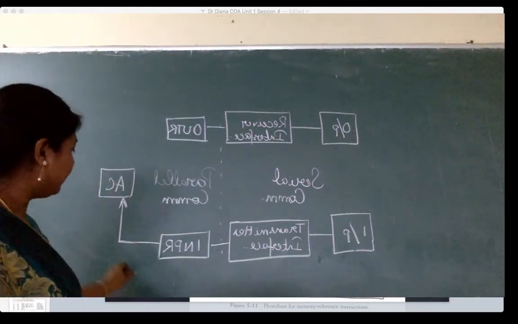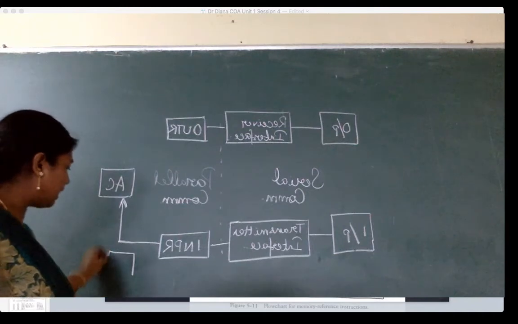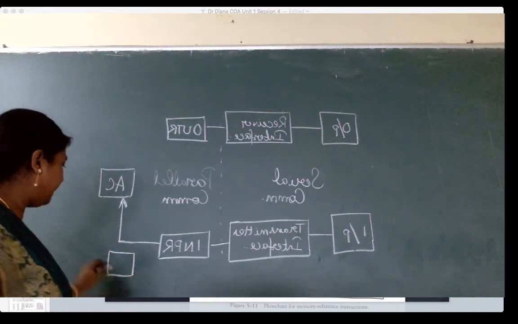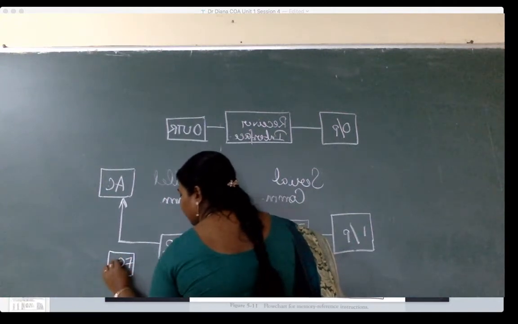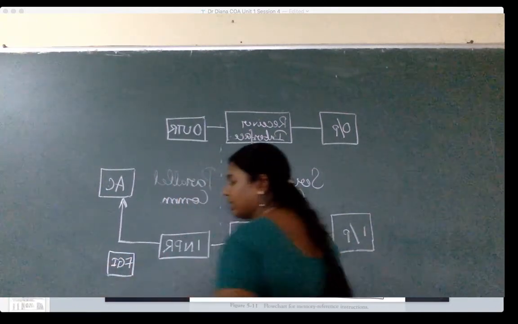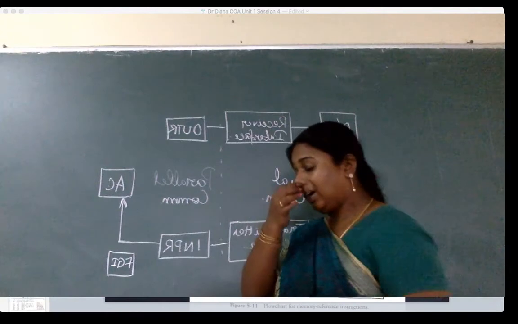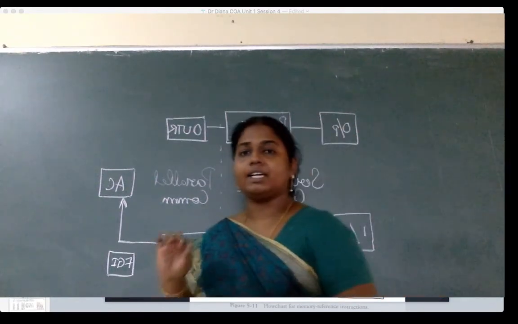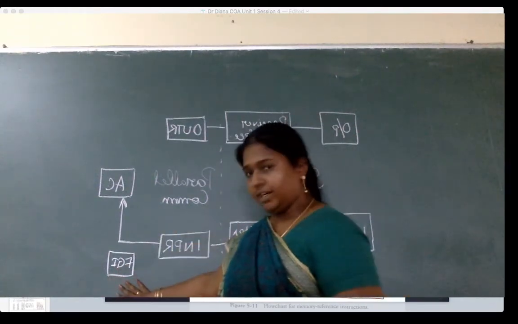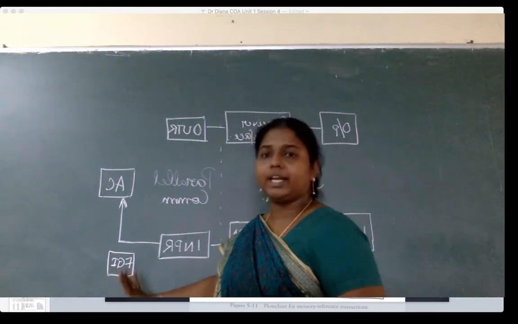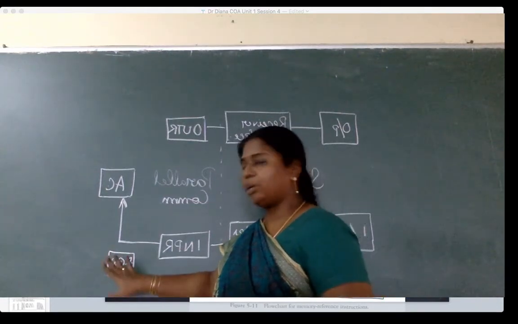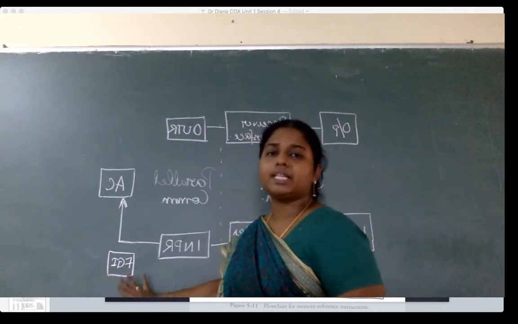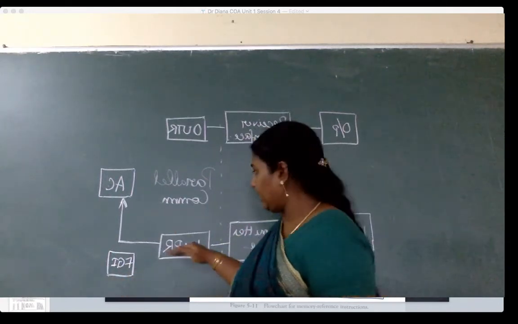The signal is given using a flag bit called FGI, or the input flag. This input flag is going to be 1 if the data is readily available, and 0 if the data is not readily available at the input register.